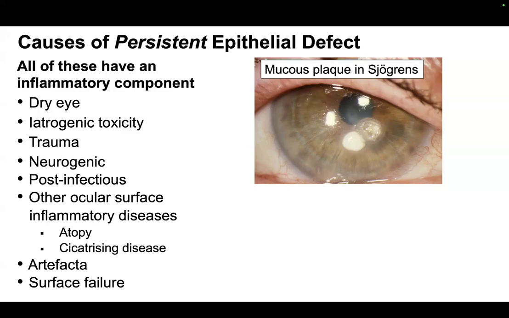And then there are other ocular surface inflammatory diseases, atopy, so allergic eye disease being one of the key ones that could cause epithelial breakdown, and if not managed appropriately, a persistent ulcer that then causes more problems for the patient.